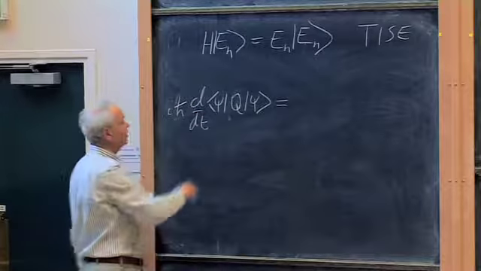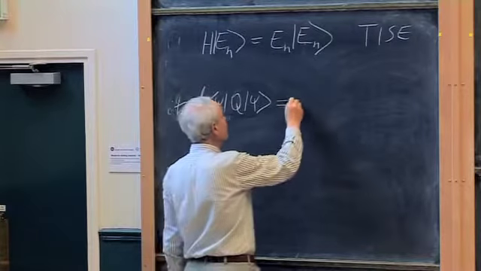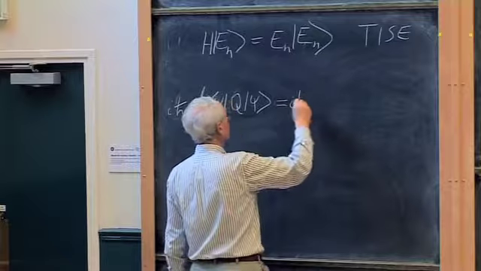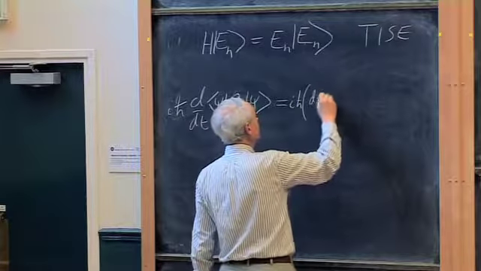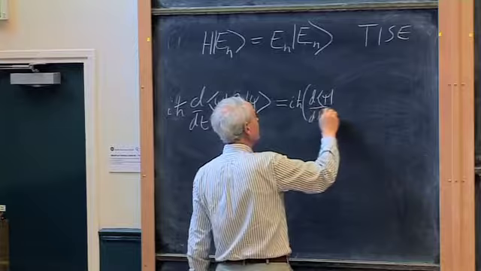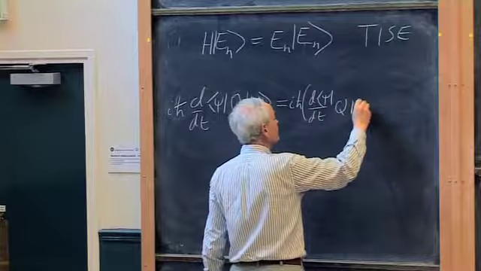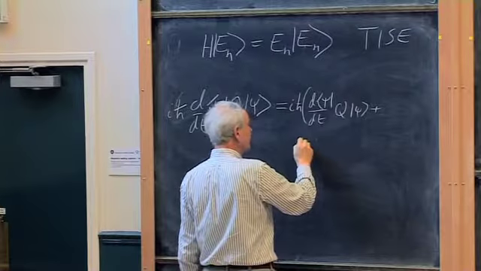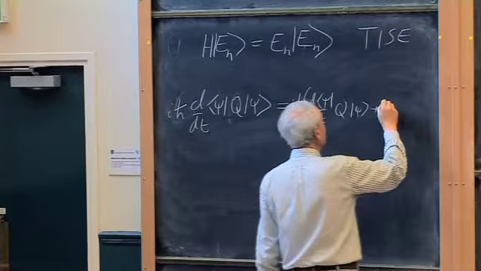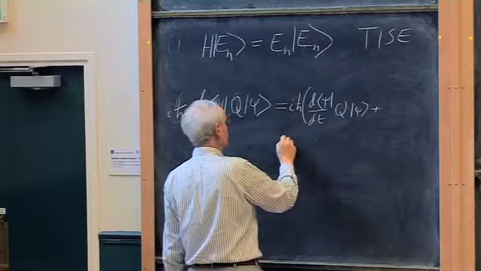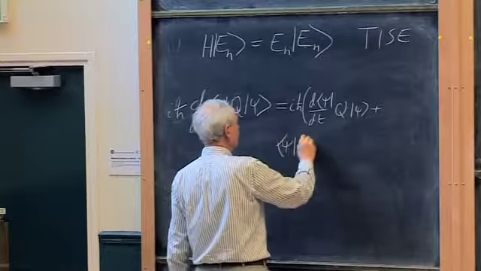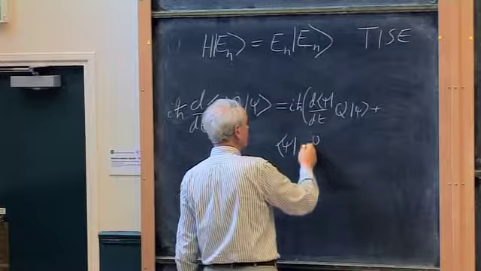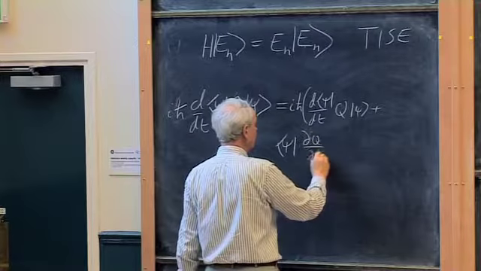Well, this is just a product. So obviously it comes into three parts: i h bar d psi by dt times Q times psi, plus, let's take the last bit now, plus psi dQ by dt.